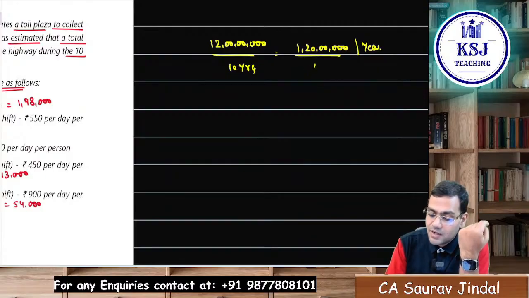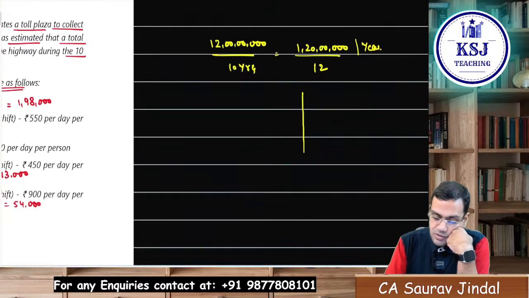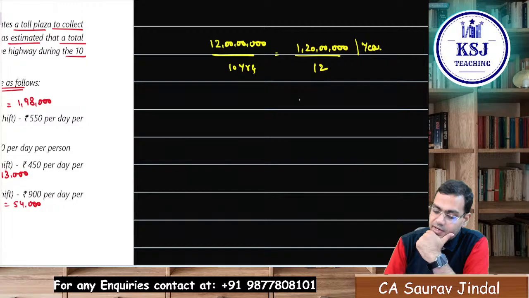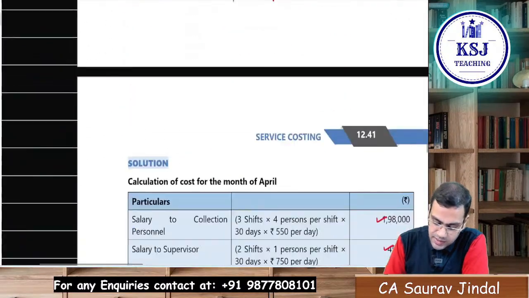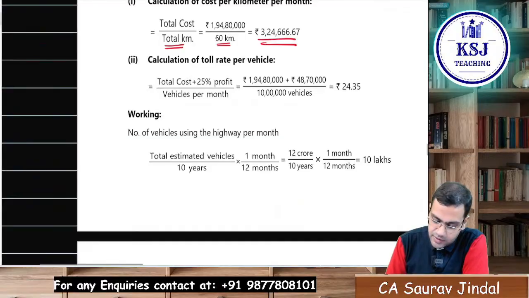I will divide it by 12, right? That will give me 10 lakh vehicles per month, right? So that is how I will be charging the toll rate.